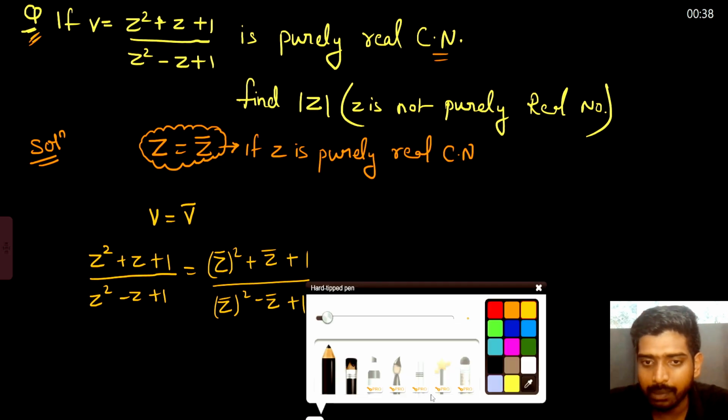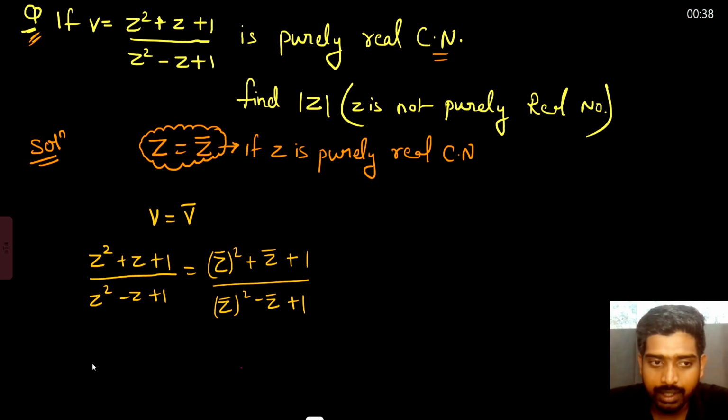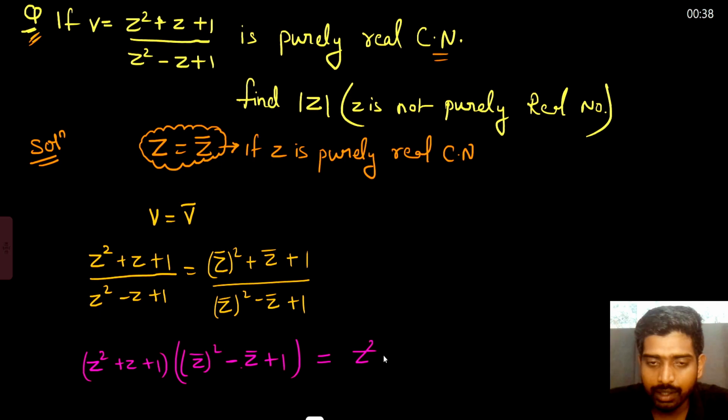Now cross multiply. After cross multiplication, we will get (z square plus z plus 1) multiplied by (z conjugate square minus z conjugate plus 1) is equal to (z square minus z plus 1) multiplied by (z conjugate square plus z conjugate plus 1). Got it?